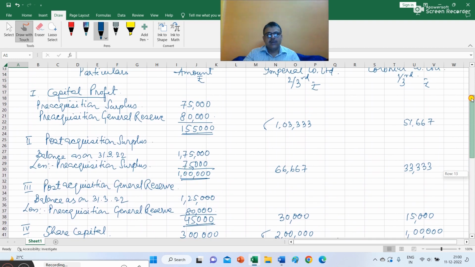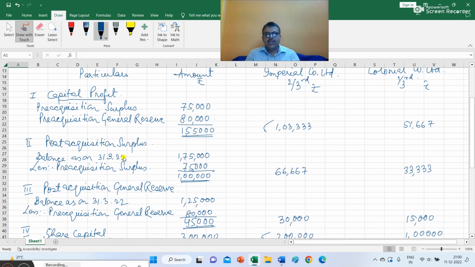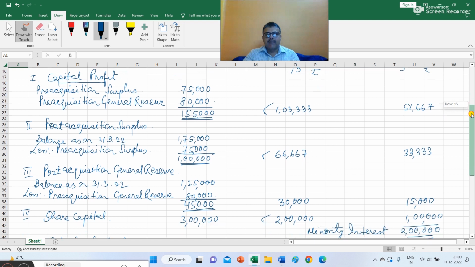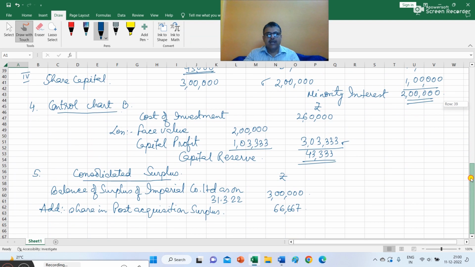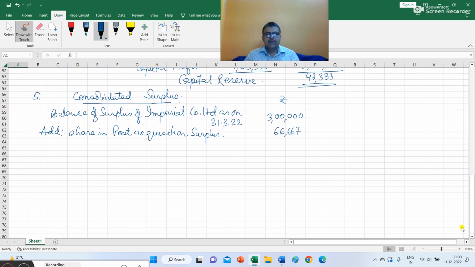So you see in control chart A, the share of Imperial Company Limited in the post acquisition surplus was 66,667. So I have to add this figure with the balance of Imperial Company Limited, and this total is 3,66,667.